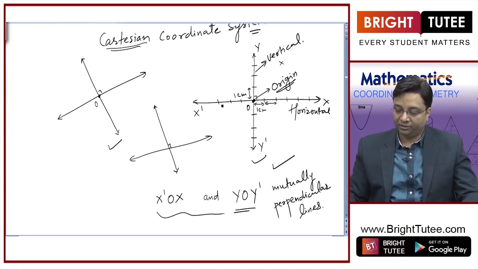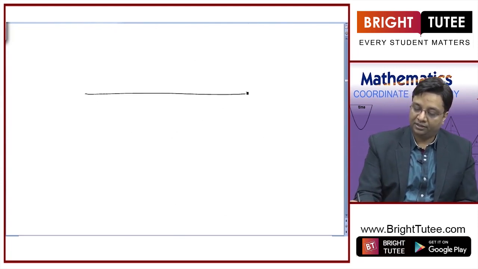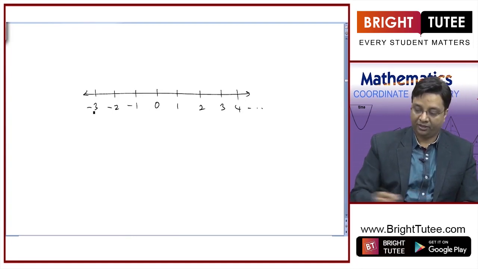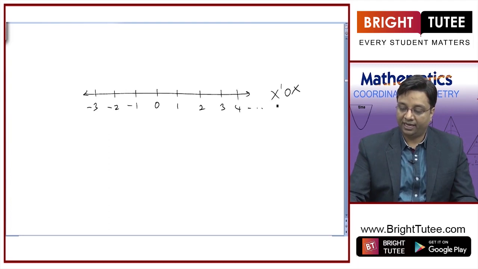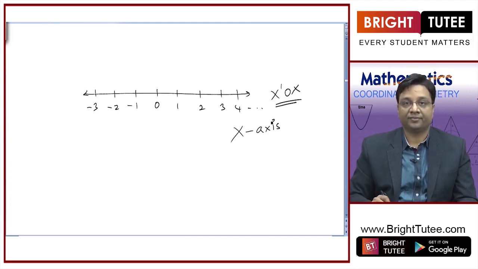Let me tell you some more things about it. Similar to the number line, this horizontal line will have 0, 1, 2, 3, 4 and so on. On the left side of the 0, I will have -1, -2, -3. I have drawn this x dash O x line here. From now onwards we will refer to it as x axis.